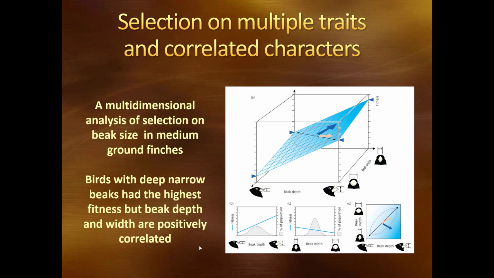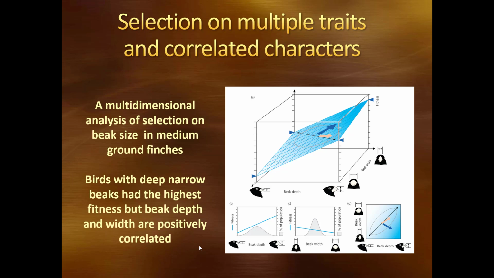One of the things they mention later in the chapter is to think about how selection might work on multiple traits that are also correlated to one another. Not all traits can be acted upon independently and individually by natural selection. For example, let's imagine that selection was favoring tall individuals. So selection's working on you being tall.